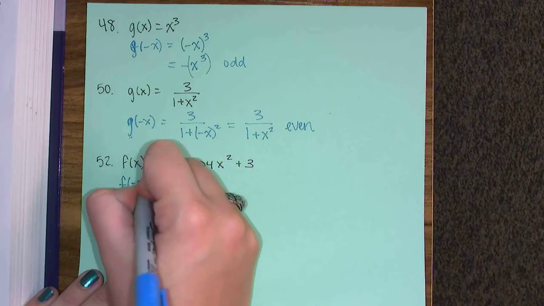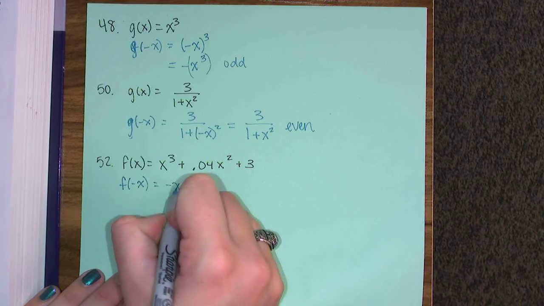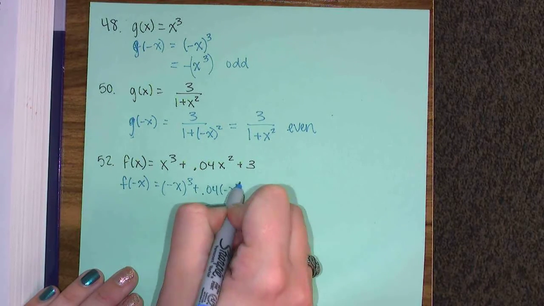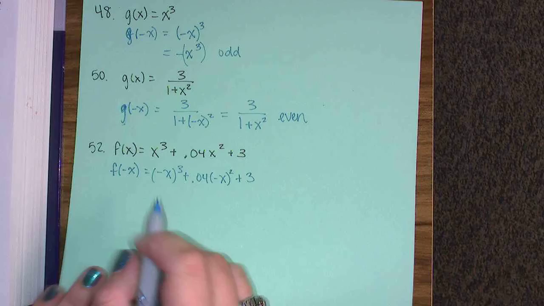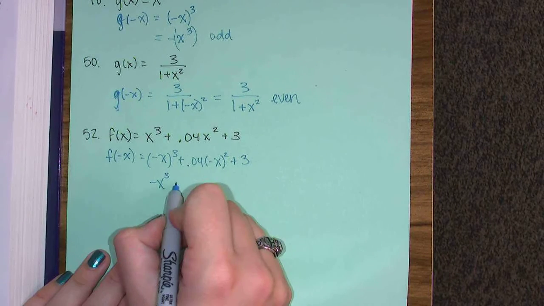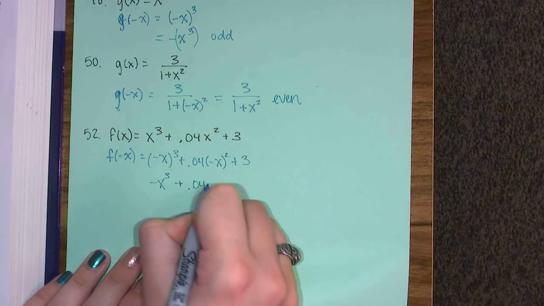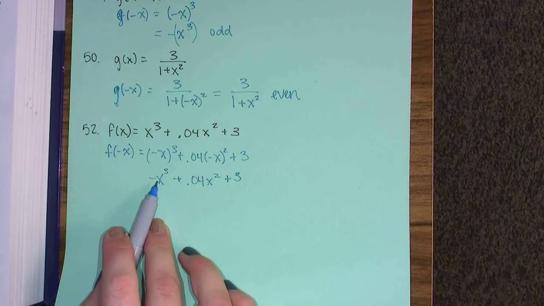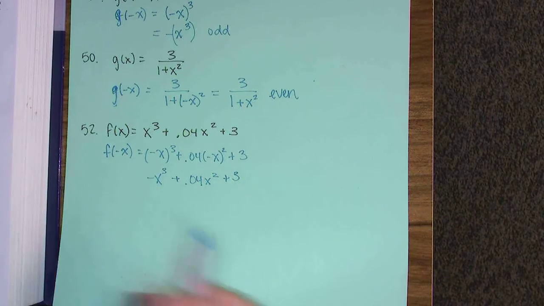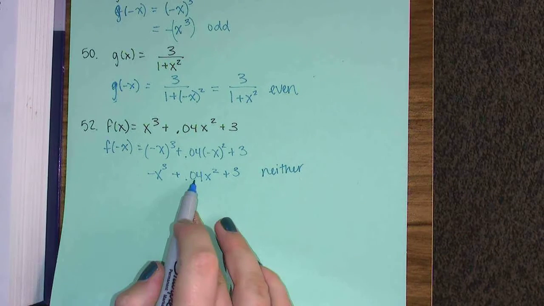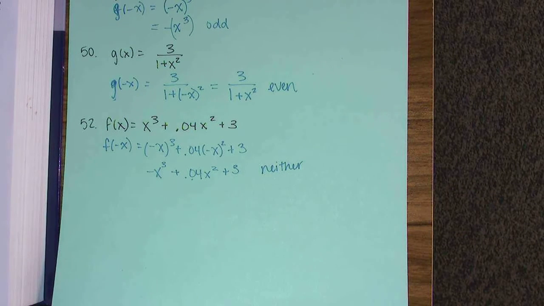Okay, so f of negative x, so if I have negative x cubed plus 0.04 negative x squared plus 3, this is going to come out to be negative x cubed plus 0.04 x squared plus 3. Because this term changed and is now negative, it is neither. Because this one is positive, so nothing happened to the whole thing. It just happened to each individual piece. So it's not odd or even.